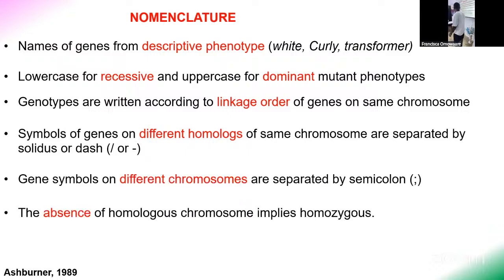Right. So gene symbols on different chromosomes are actually separated by a semicolon. Is that okay? So let's say, for example, you've got a fly that is white-eyed, and you've inserted KRAS into the second chromosome of that fly. I'll show you how you're going to insert KRAS.